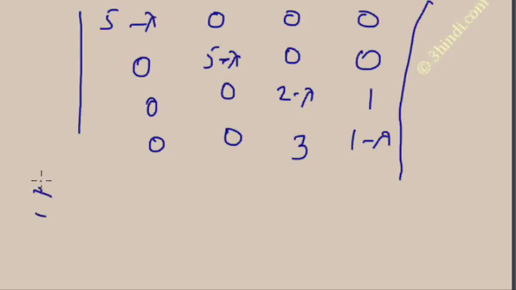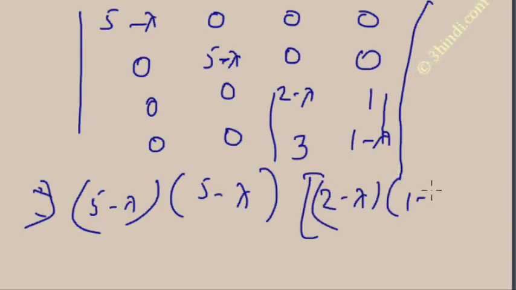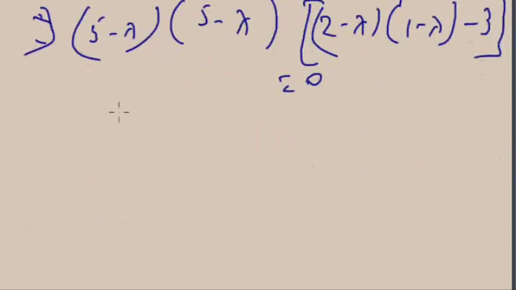This means 5 minus lambda into 5 minus lambda into, because all the other elements are 0, the determinant of this, 2 minus lambda into 1 minus lambda minus 3, is equal to 0.